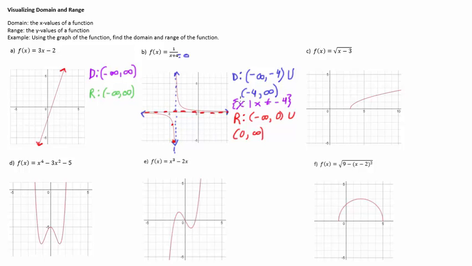And all this is saying is that we're talking about our x, and our x can be anything except -4. And so then for our range, we would put a y, because we're talking about our y's, and then we would say y does not equal 0.